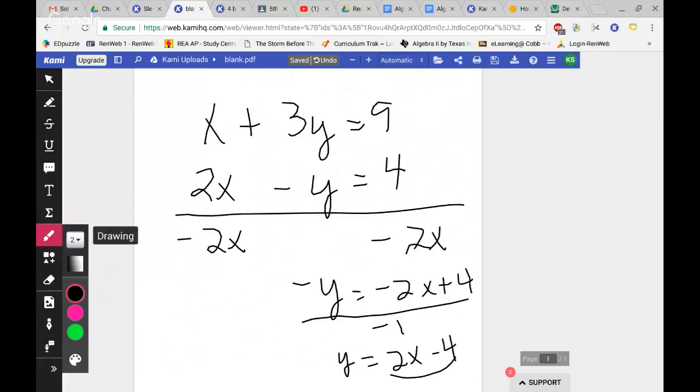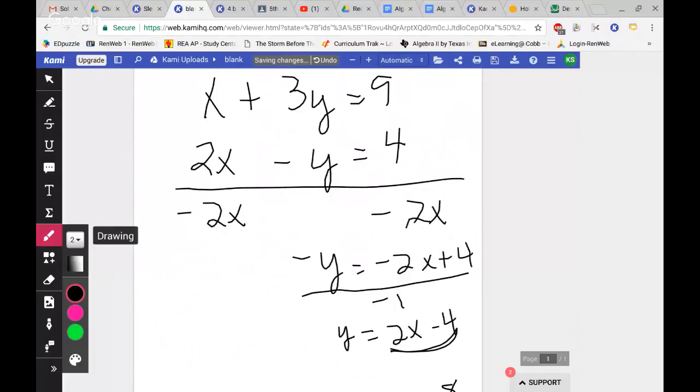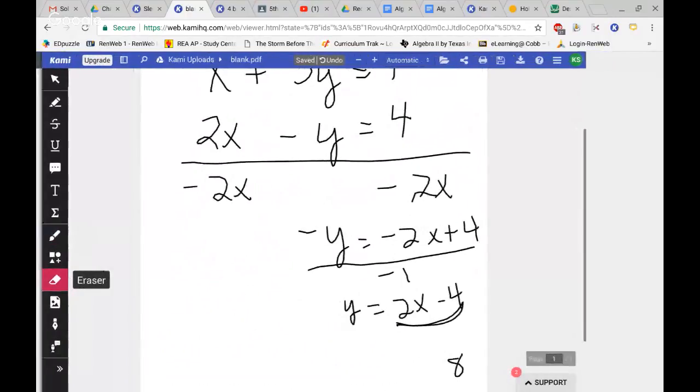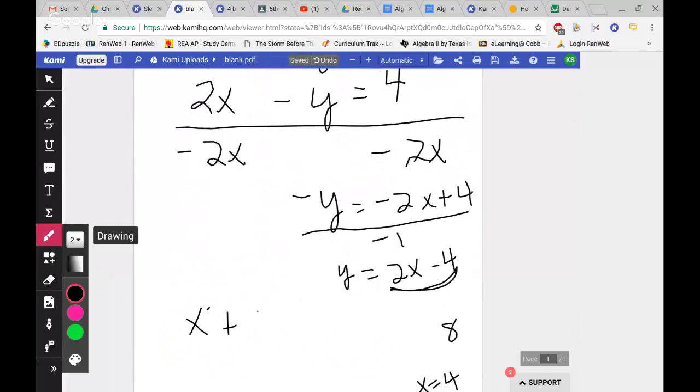So anywhere there's a y, I can plug in this 2x minus 4. That would be x plus 2 and then equals, can't see the top number. Is this what you said? Because you broke up just a little bit.